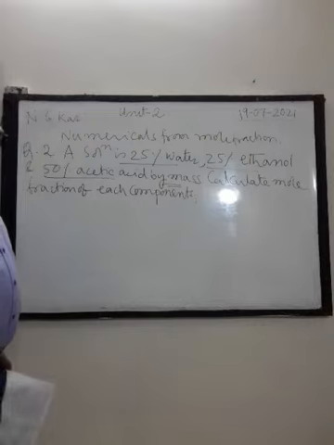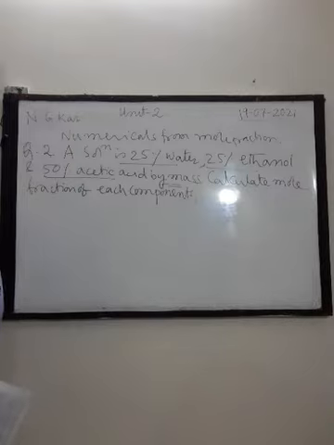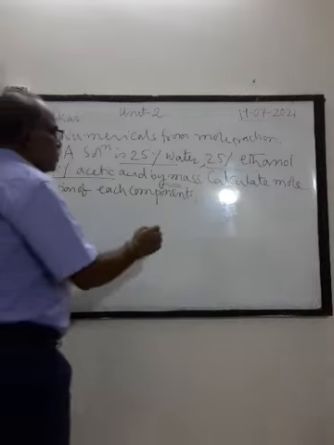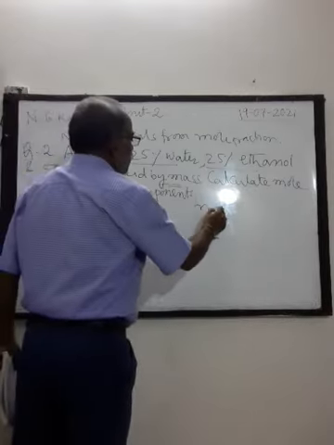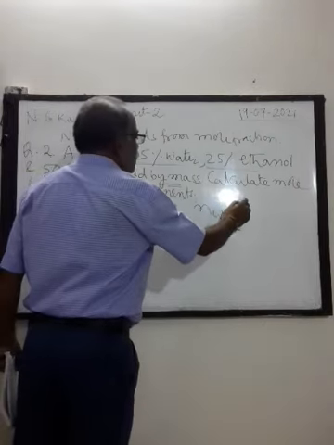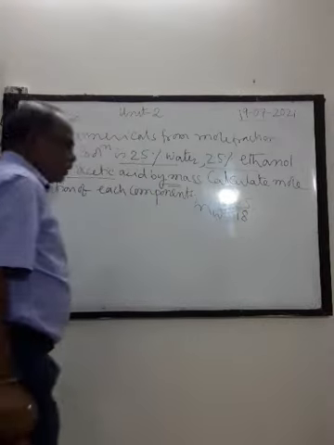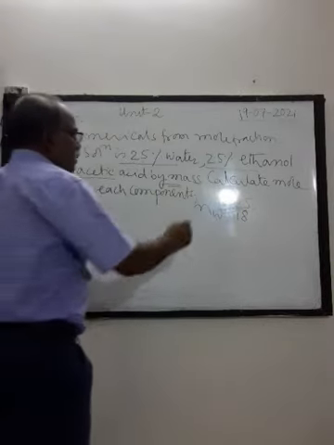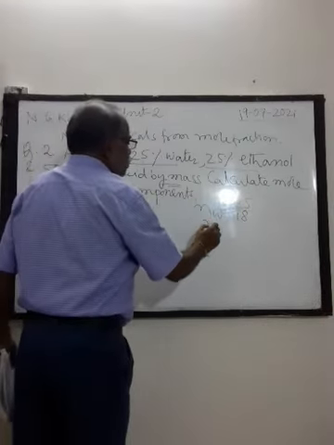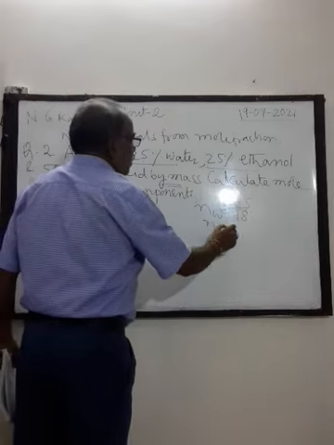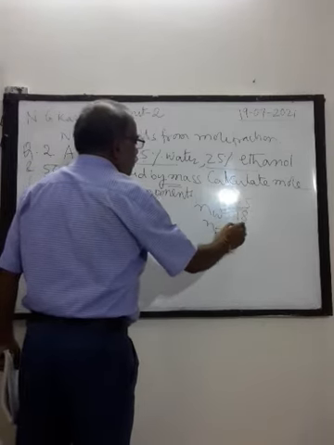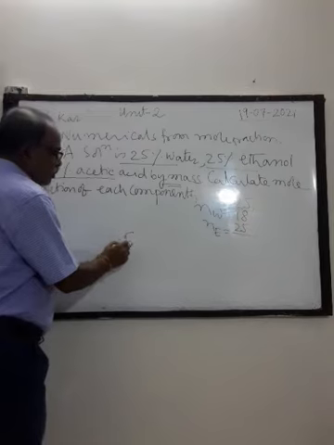So first of all, for calculation of mole fraction, it is necessary to find the number of moles of each component. The number of moles of water equals the mass of water, 25, over the molar mass of water, 18. Second, the number of moles of ethanol equals the mass of ethanol, 25, over the molar mass of ethanol.